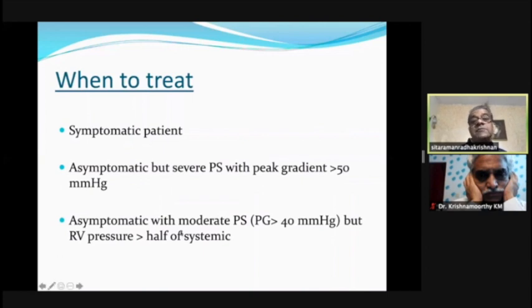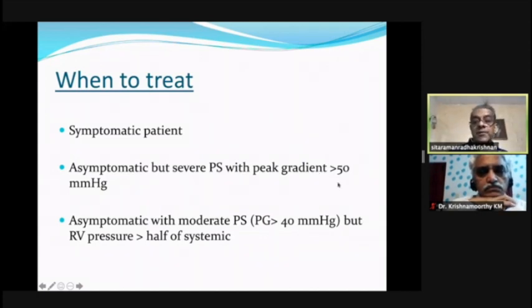Typically now it is said that if by echocardiography you have a peak gradient of more than 50, they should be subjected to treatment. Or it is also said that if you have asymptomatic moderate PS, but right ventricular pressure is more than a certain value, these are some of the indications one can be treated.